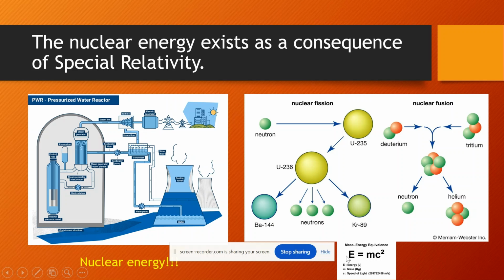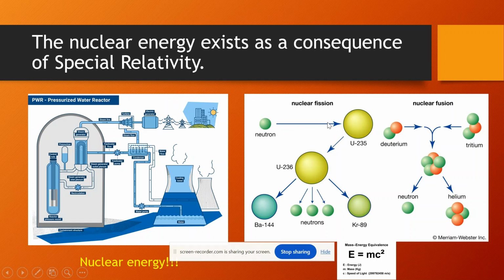This means that a huge amount of energy can become mass or a small mass can become energy. And this is what happens in nuclear fission, for example, when the elements decay, they are split into different elements. And if we assume the mass of the elements after the process of decay is inferior to the original mass.